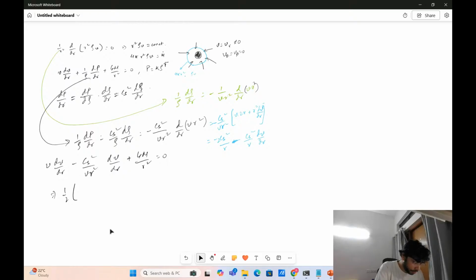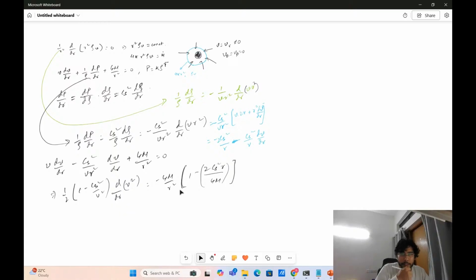So 1 minus cs square by v square, d/dr of v square, equals minus GM by r square times 1 minus 2cs square r by GM. So this is what the final equation will come down to.